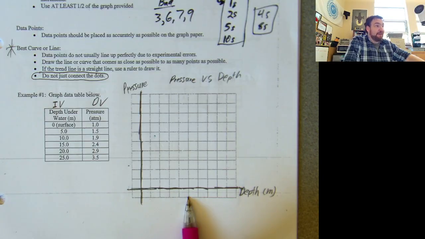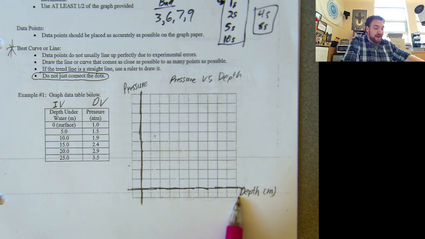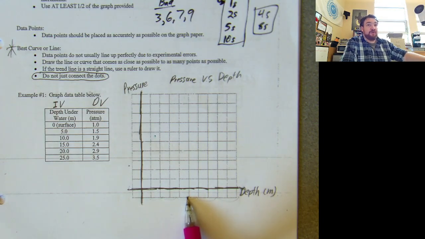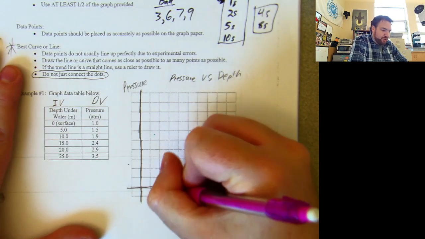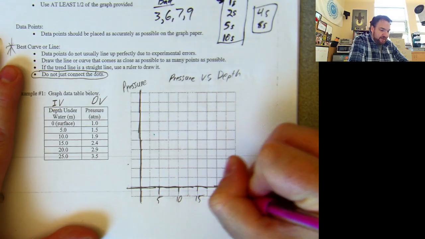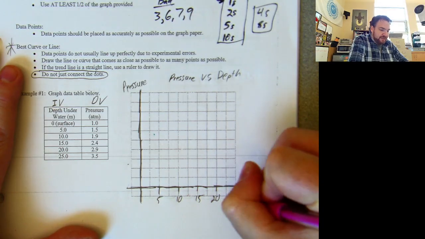If we go up every 2 lines is 5, then we're going to have 5, 10, 15, 20, 25. Going up by 1 square is 5, takes us exactly halfway. I want you to use as much as possible. And because we can, we're going to use it all. So I'm going to call every 2 lines 5. 5, 10, 15, 20, 25.